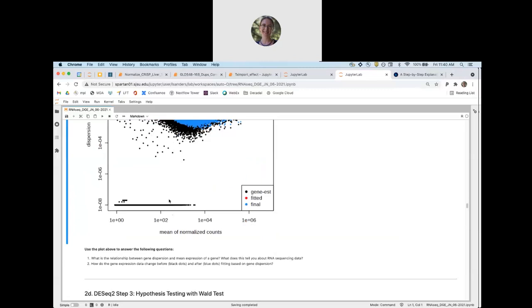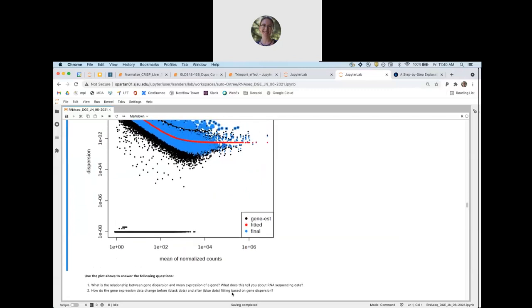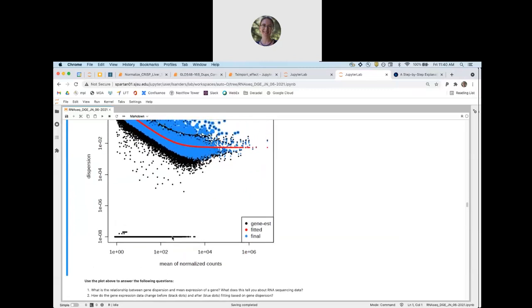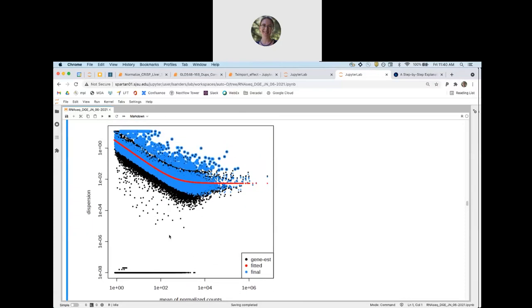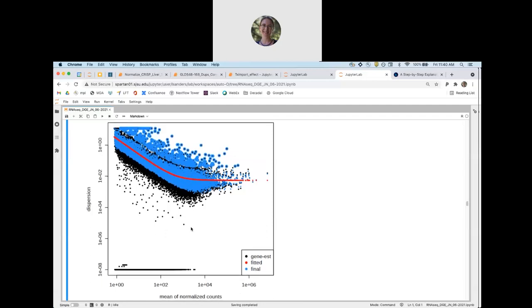The second part of this question is, what does this tell you about RNA sequencing data? This is what we were talking about in the lecture, where as the expression of a gene decreases, the variance goes up because the measurements for a gene with really low mean expression are unreliable. So the variance is just going all over the place.